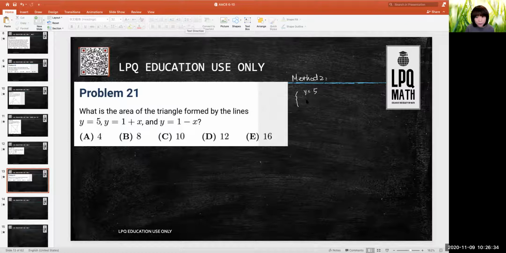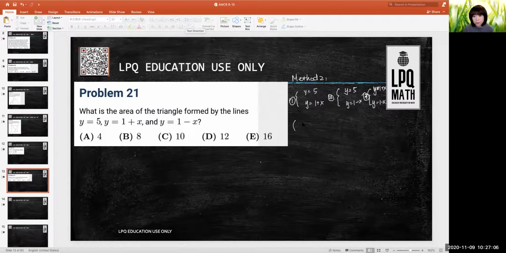We can have sets of equations: y equals 5 and y equals 1 plus x; y equals 5 and y equals 1 minus x; and y equals 1 plus x and y equals 1 minus x. We should have three sets of equations because the three lines are meeting and touching each other, so they must have the same x and y values.